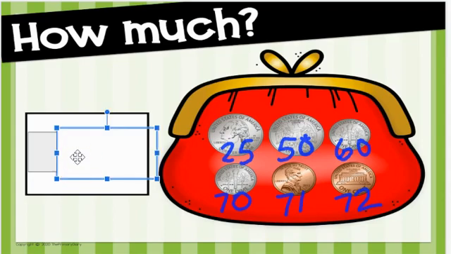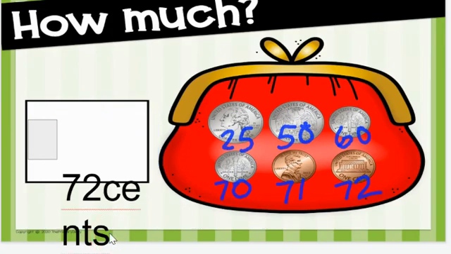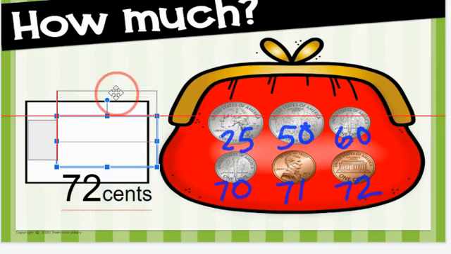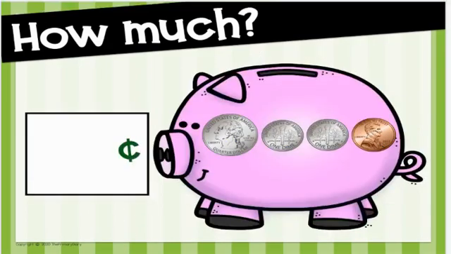So for this one, we have 72 cents. I'm going to write it in words that time and make that a little bit smaller so I can actually see that word the right way so it's not spelled funny. 72 cents. There we go. I'll move it up a little bit so it's in my box. So 72 cents.